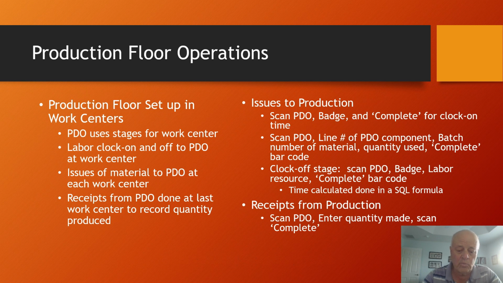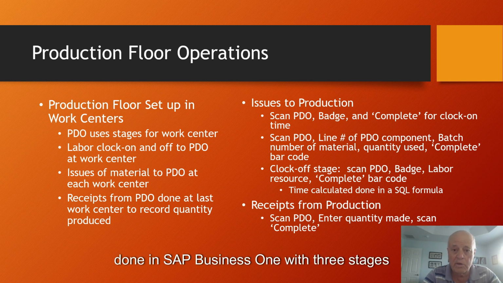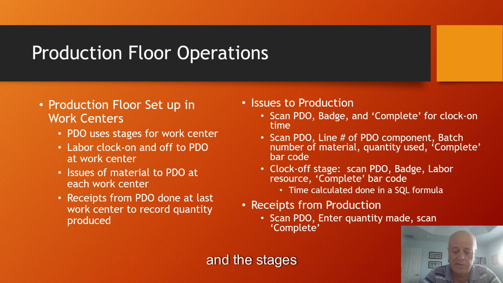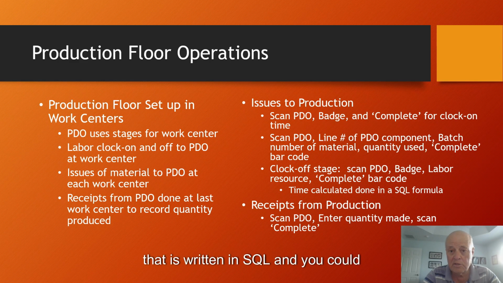It's going to show, one, a sample production order done in SAP Business One with 3 stages. And the stages have items that need to be manually issued to production. Some of the items will be batch controlled. Then we will show you the 4-page barcoded production order that is written in SQL, and you could obviously modify that.